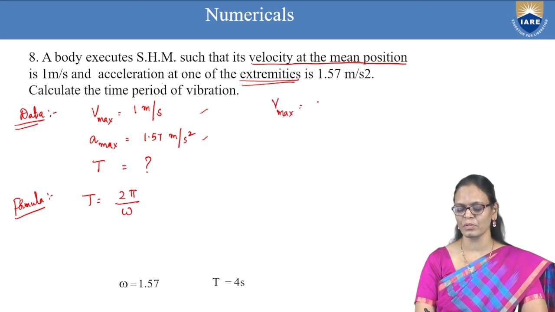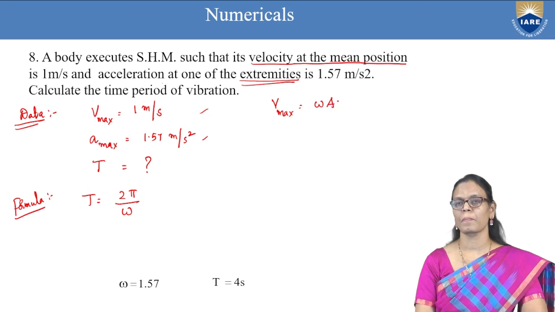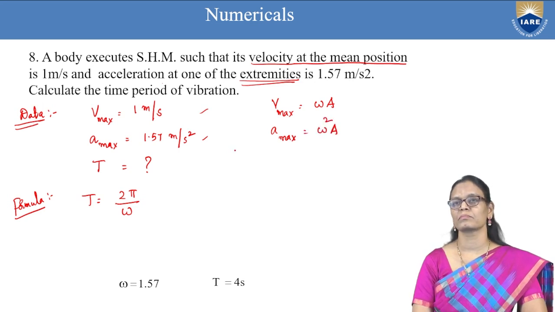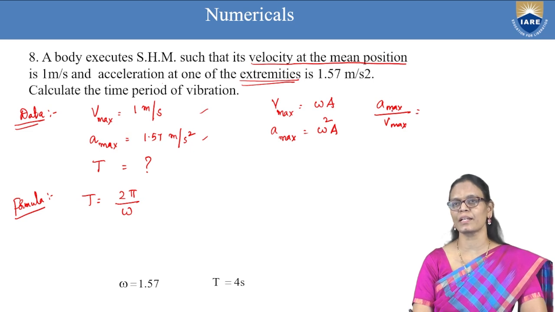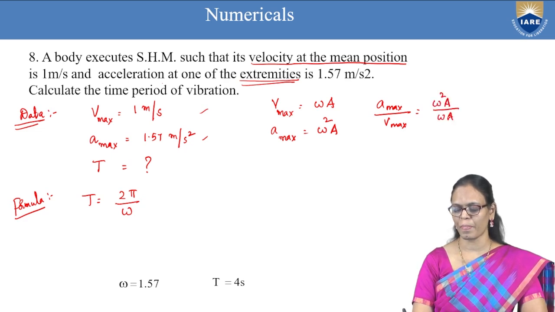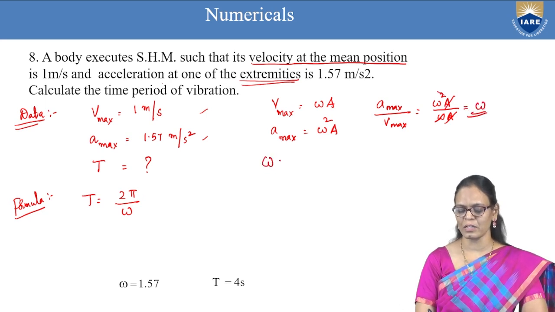V max is equal to omega A. And A max is equal to omega square A. So if I take A max upon V max, maximum value of acceleration upon maximum value of velocity, we get omega square A upon omega A, which gives us the value of omega. So if I want omega, simply I will do A max value upon V max value.